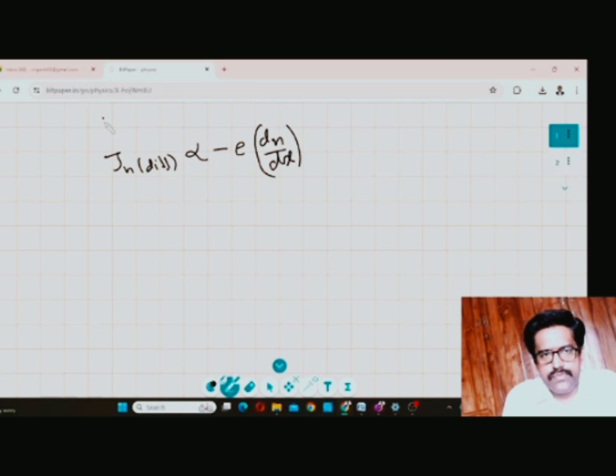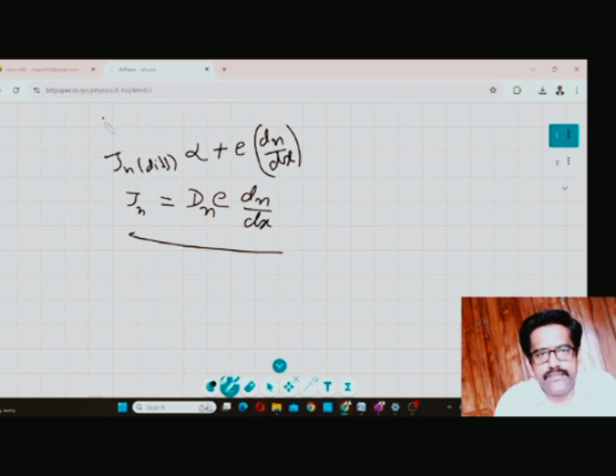Now Jn equals e dn by dx: the electron charge is negative, and the negative gradient direction makes it positive here. I will explain this sign again. So this is the diffusion current density.